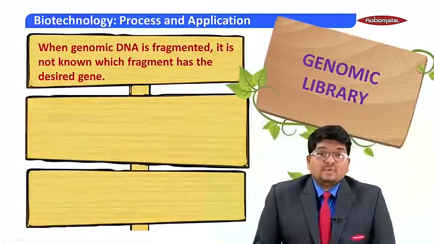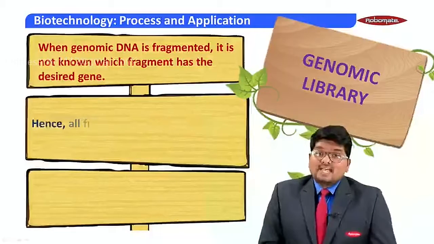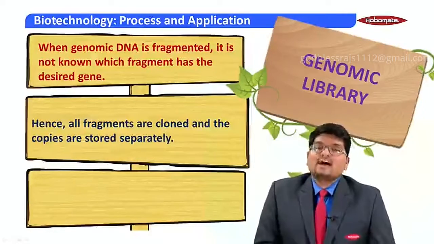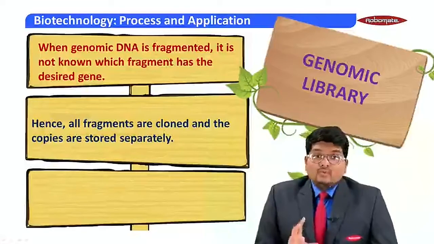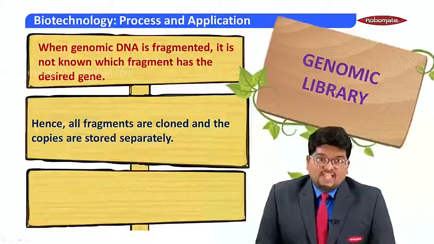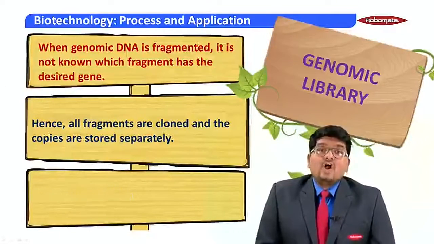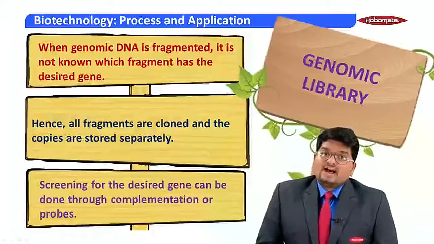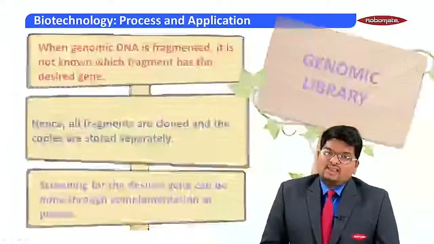Hence all fragments are cloned and the copies are stored separately. But how do we know which fragment actually has the gene? We can screen for these genes with the help of complementation or probes. So these are the properties and the functioning of genomic library.